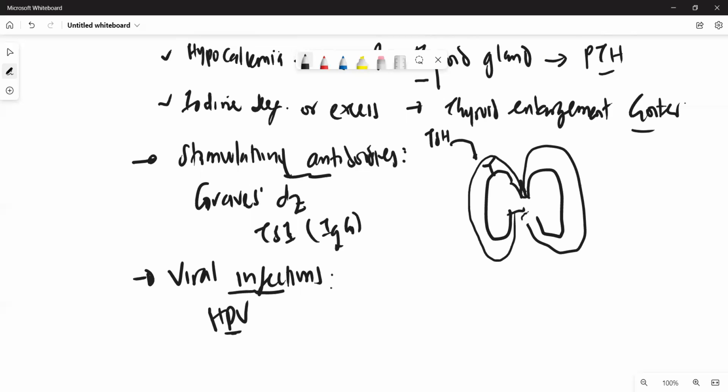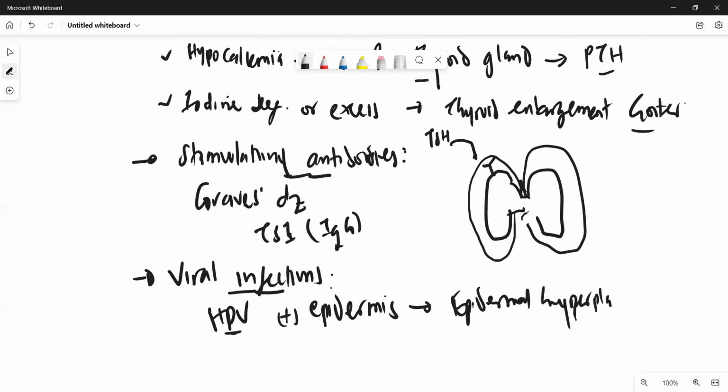So this virus can stimulate the epidermis, and that could lead to epidermal hyperplasia. And of course, epidermal hyperplasia can manifest as common warts, right, or genital warts that we can see in them.